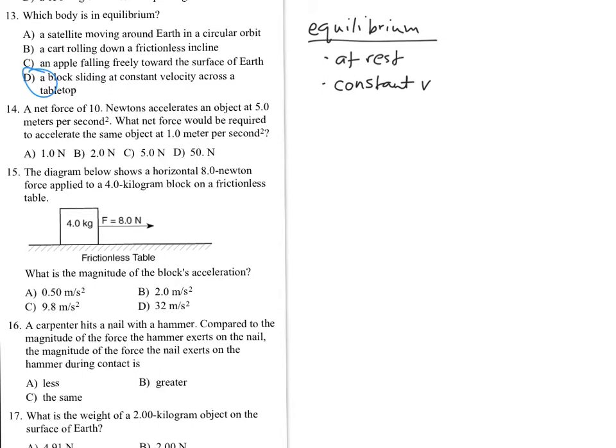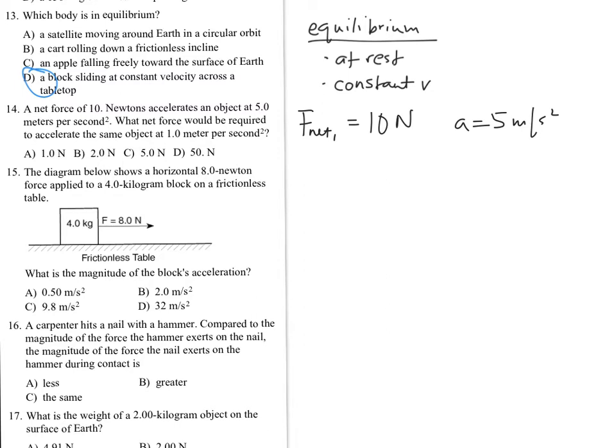Question 14 gives us a net force of 10 newtons for the first scenario. F net 1 is equal to 10 newtons with an object that accelerates at a rate of 5 meters per second squared. So we're going to take that same object.